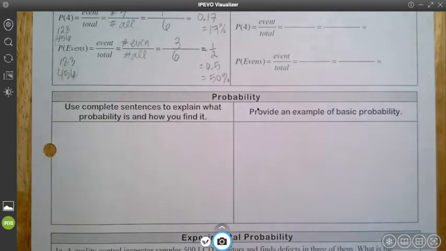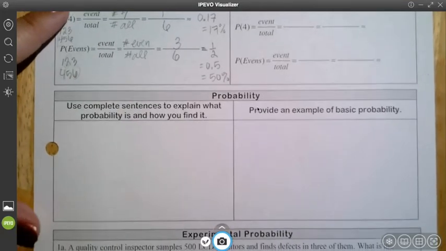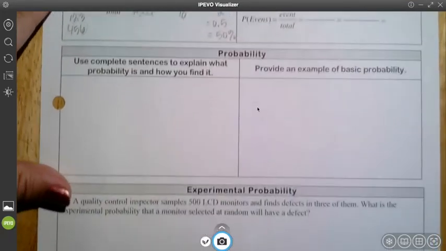You could do the probability of, for example, choosing a letter from the alphabet or choosing a 1-digit number, or really anything that you can make sense of. Okay, so this is an opportunity for you to think through what we've talked about so far. And then we're going to do a couple of actual example calculations.